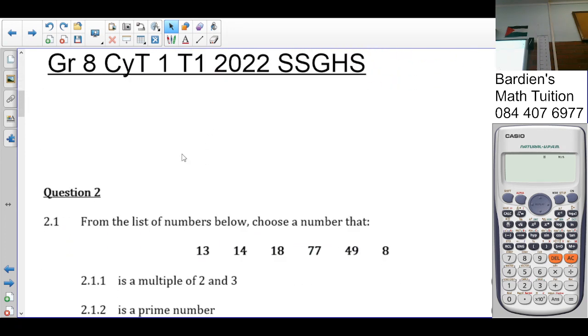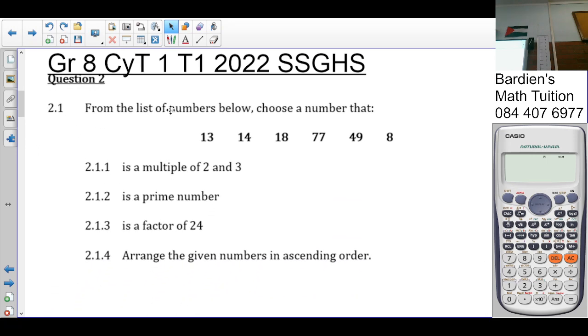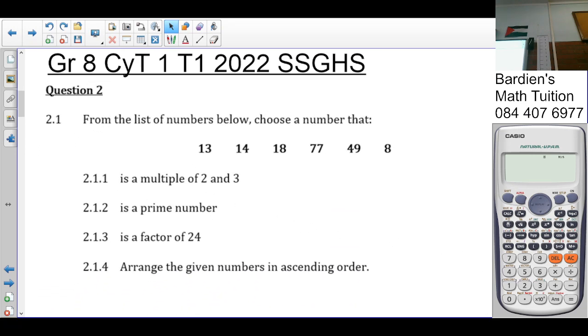Question 2. In question 2 we are told, from the list of numbers below, choose a number that is a multiple of 2 and 3. The multiples of 2 are 2, 4, 6, 8, and so on.